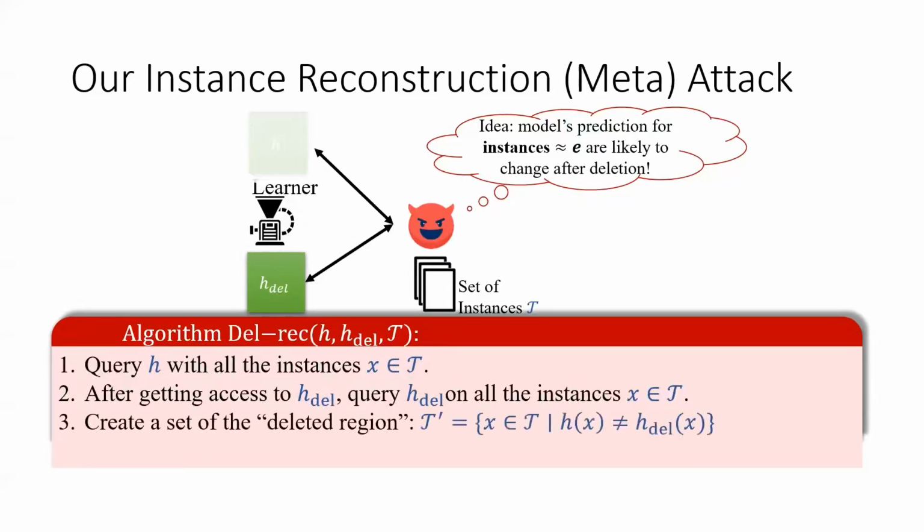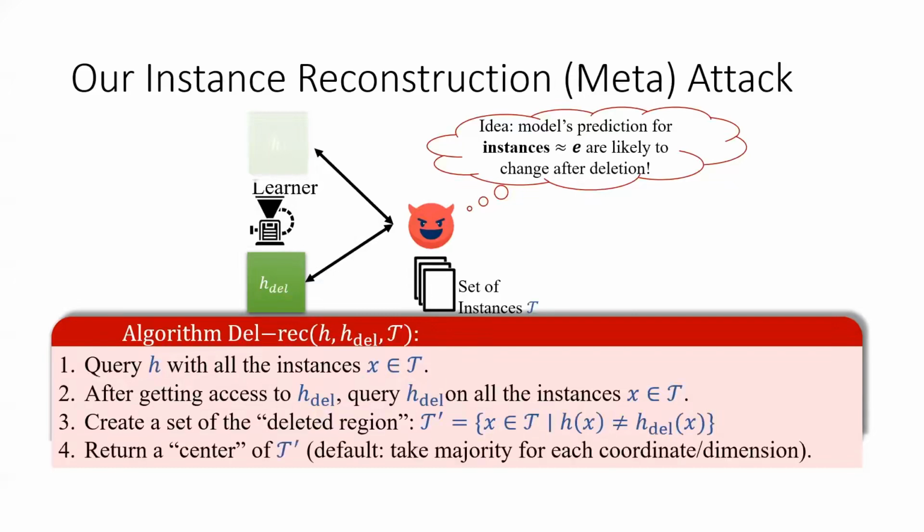The adversary then creates a subset of T, which includes all the instances whose prediction label changed as the deletion region T prime. The attacker then computes the majority of T prime. It is actually a meta attack because the majority here can be general. The adversary can choose an appropriate aggregation function depending on the task. An example is the majority function: for each bit in the data, just take the majority vote of that bit over all the examples in T prime and return a reconstruction based on that.